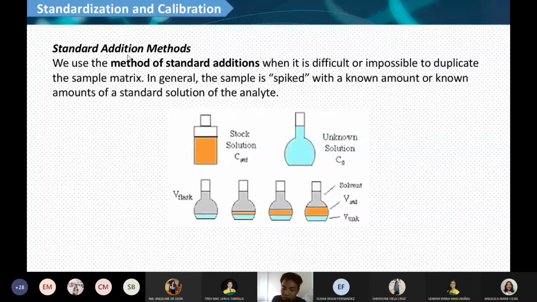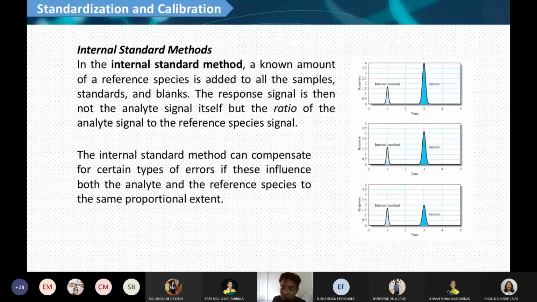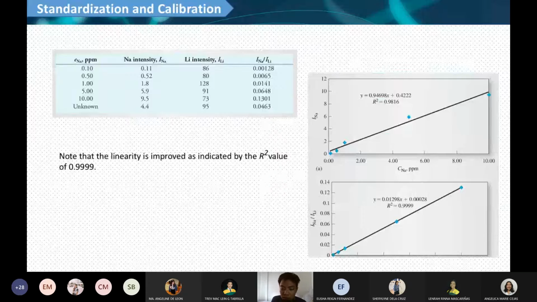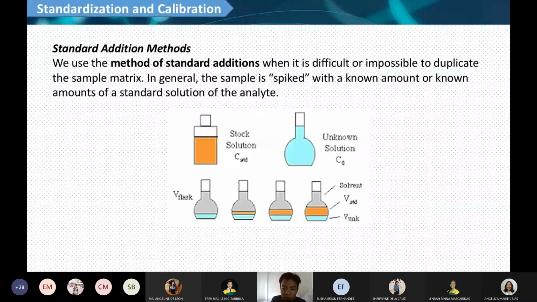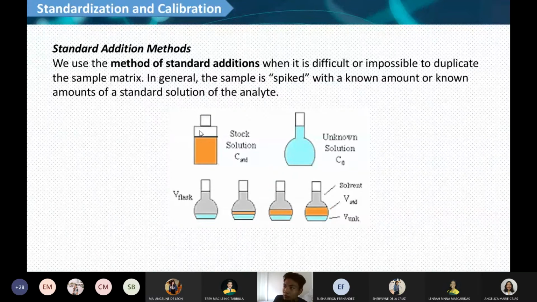Pero compared with the internal standard method, 'di ba sa internal standard method gagawa ka pa rin ng equation of the line. For standard addition, you do not have to create the calibration curve. Hindi na kailangan. Ano na lang kailangan dito? Ratio and proportion. So for example, tawag din pala dito ay spiking.